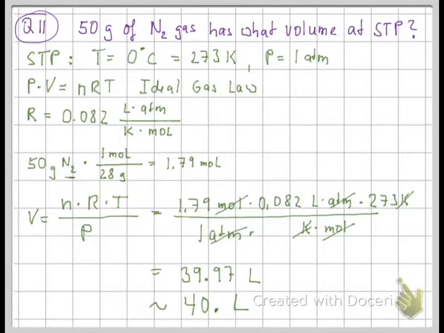Standard temperature is 0 degrees Celsius. Ambient, I think, was 25 degrees Celsius, and the pressure was a little bit less than regular atmospheric pressure. So anyhow, for the density, you just have to divide the molar mass by the molar volume.